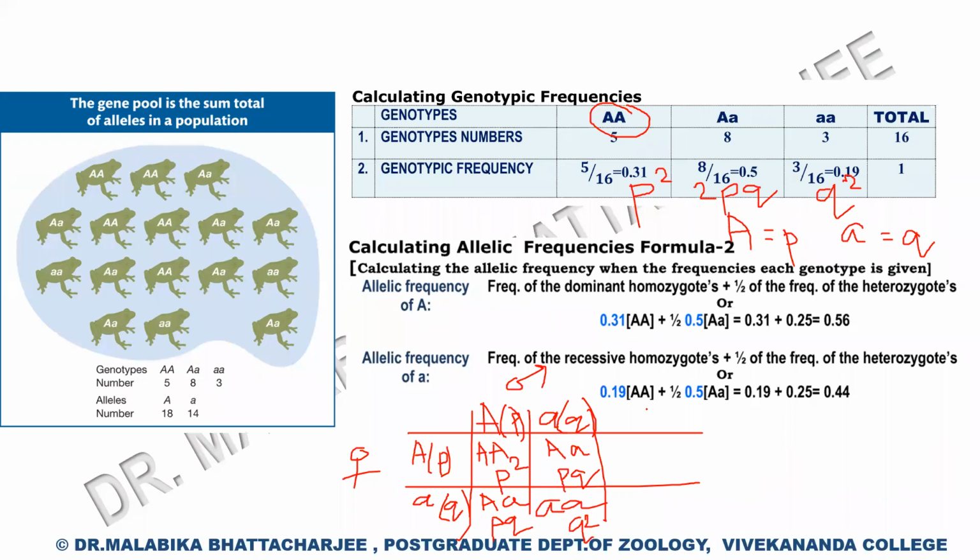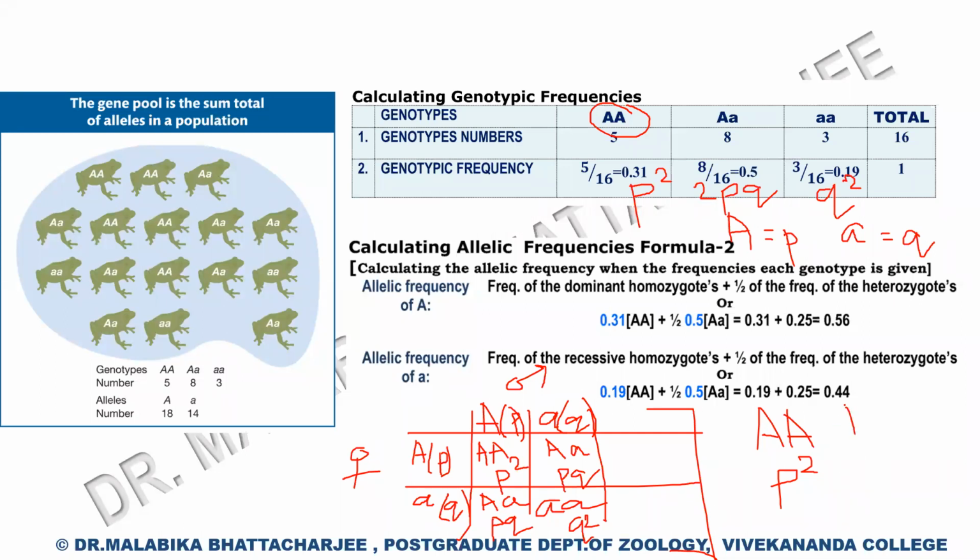So what are the three genotypes we are getting? We are getting capital A, capital A. From the checkerboard I showed you, it's written as P square. We are getting two capital A, small a. One is a capital A egg and small a sperm, and the other is a capital A sperm and small a egg.